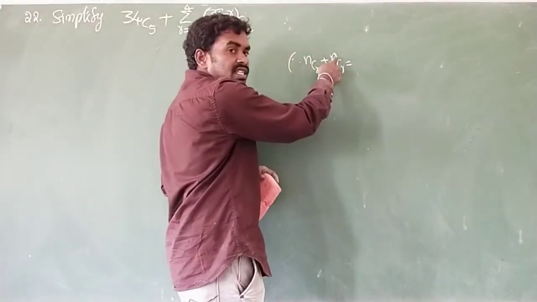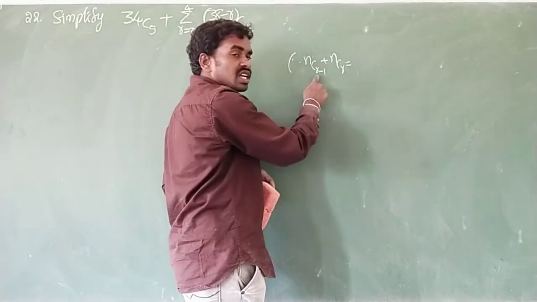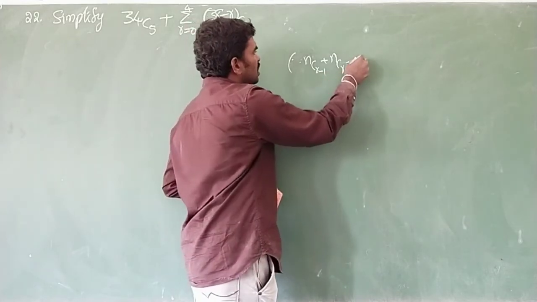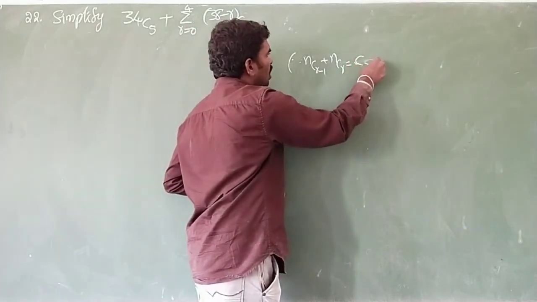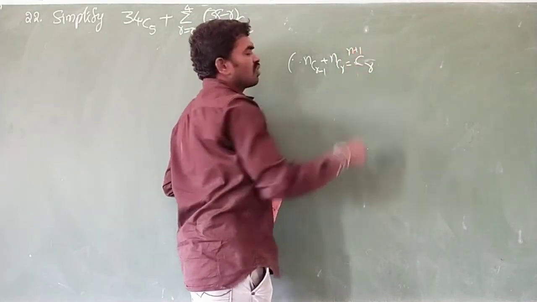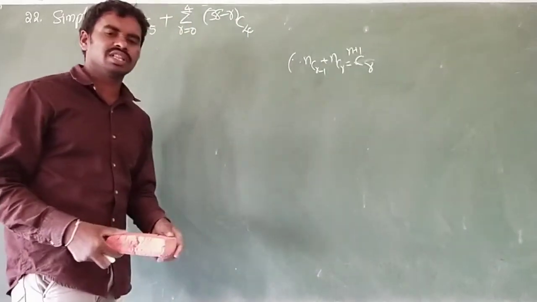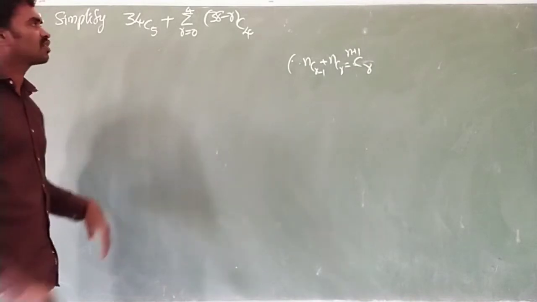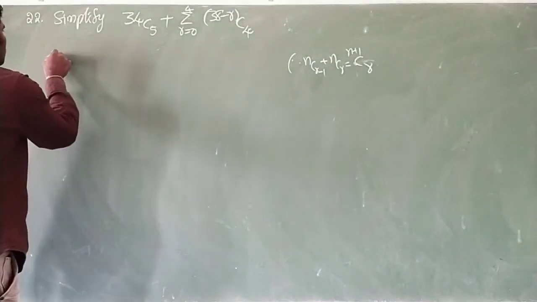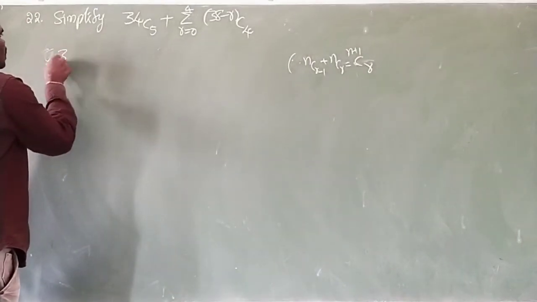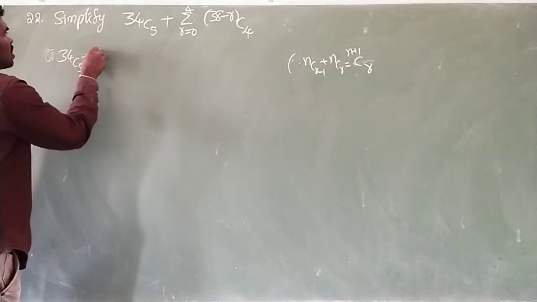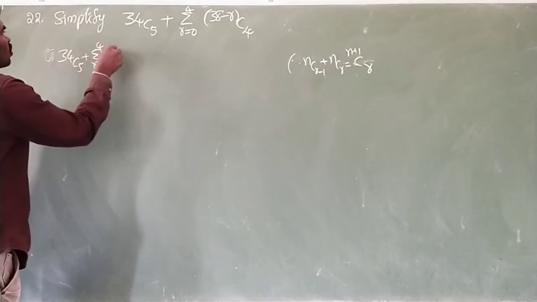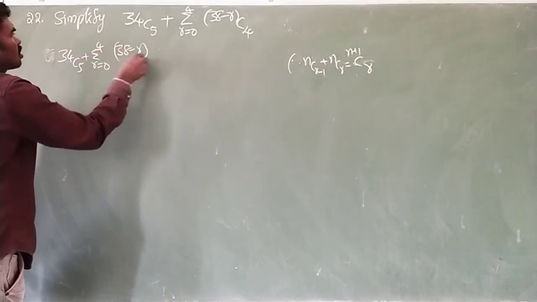If both n's are same, with r minus 1 being the lesser and r the greater, then we take the greater r and n plus 1 above. We proved that formula in the previous 21st question, so now we are using it. Take the question: 34C5 plus summation r equal 0 to 4, 38 minus r C4.